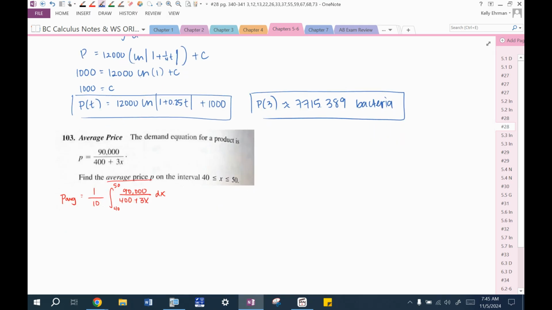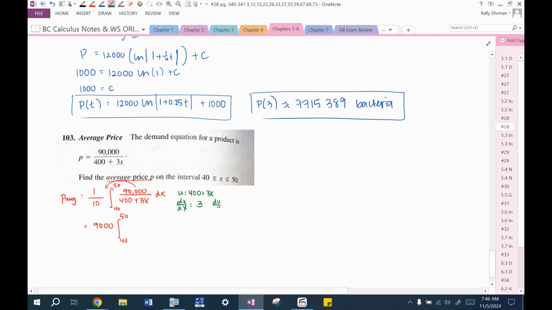All right, so let's work on this a bit. We can take the 90,000 out in front, and 90,000 divided by 10 is now 9,000. We need a little u sub here, so u is going to equal 400 plus 3x. du dx is going to equal 3.